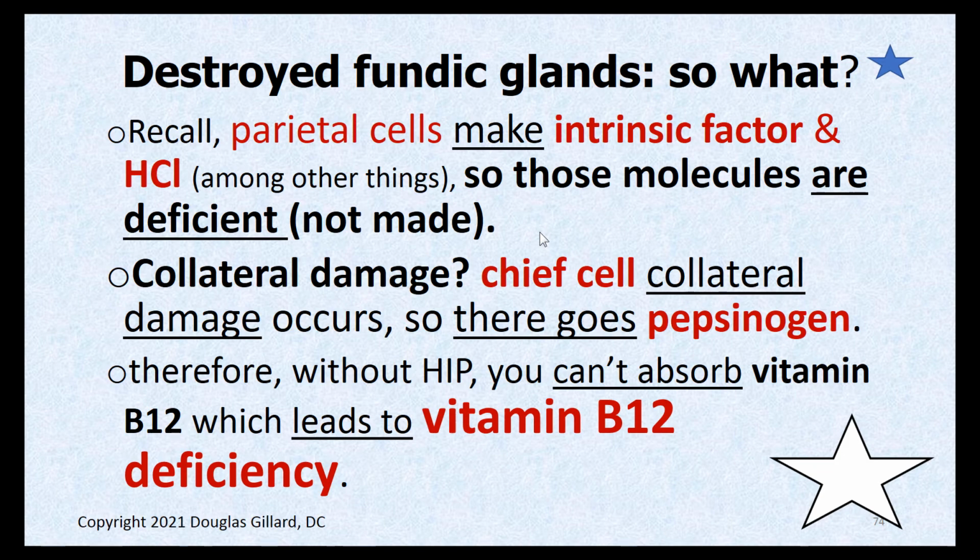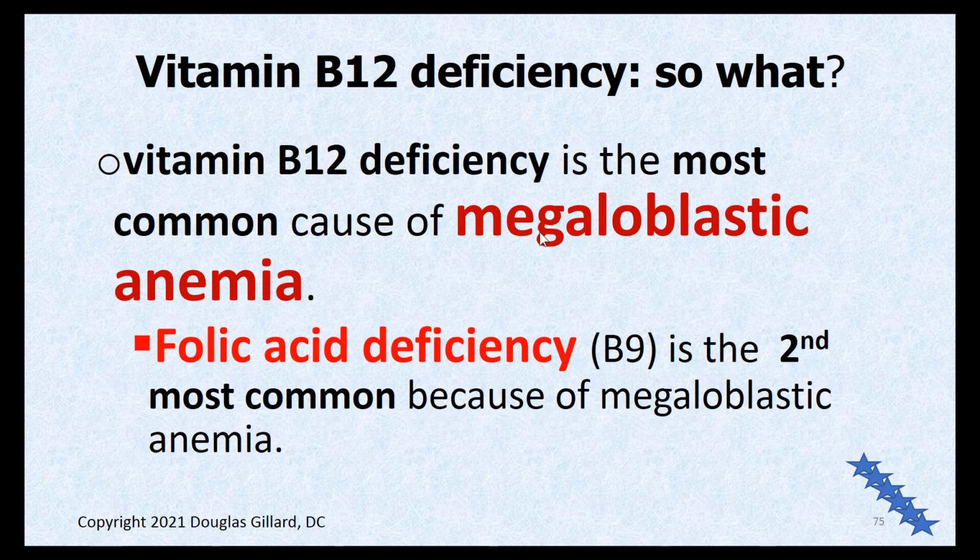So basically there goes your hipster, right? Your hydrochloric acid, your intrinsic factor, and your pepsinogen are the biomolecules that are released by oxyntic glands, aka fundic glands. So therefore, based on our last lecture, there's no way you can absorb vitamin B12. You can eat as much as you want of it, and it won't work.